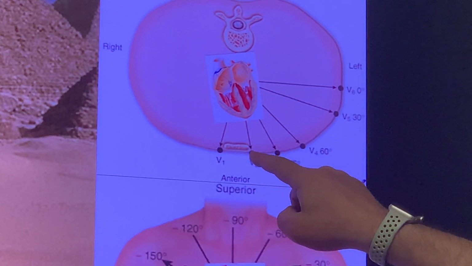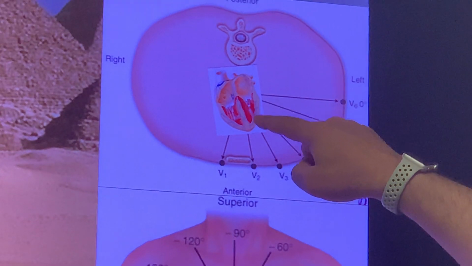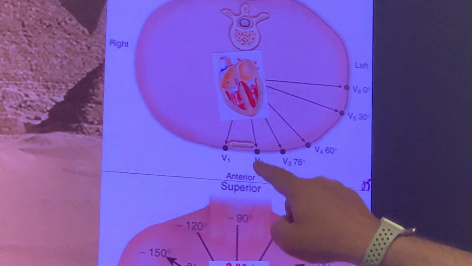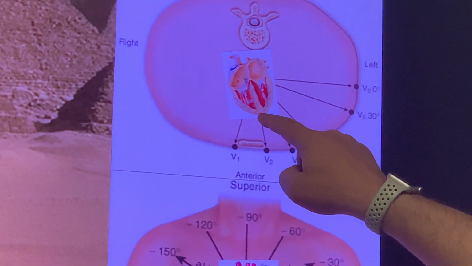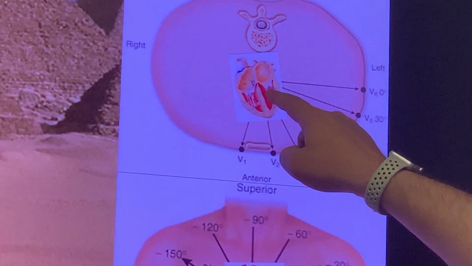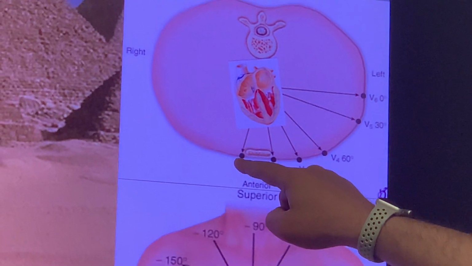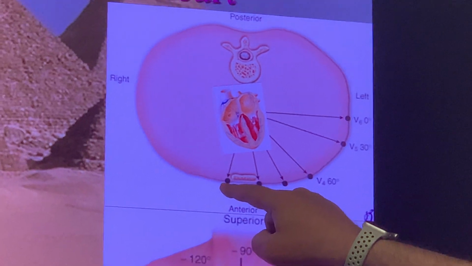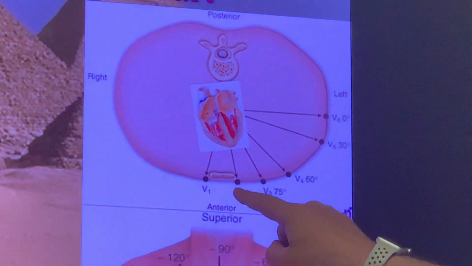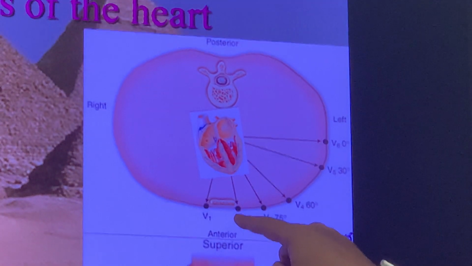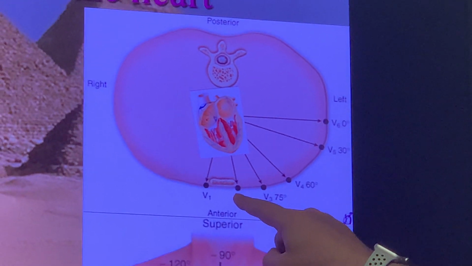V1 and V2 are variable because they are away from the ventricle. V2 and V3 are at the corner here. V1 is actually against that, so V1 can be negative, and we usually see it negative. V2 sometimes we see it negative, biphasic, whatever.